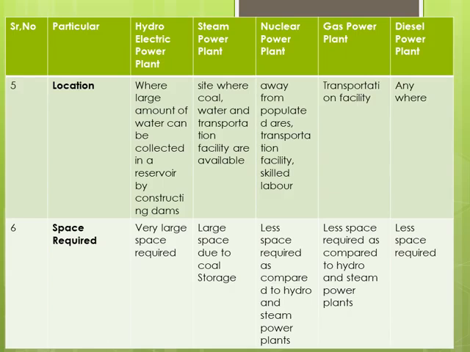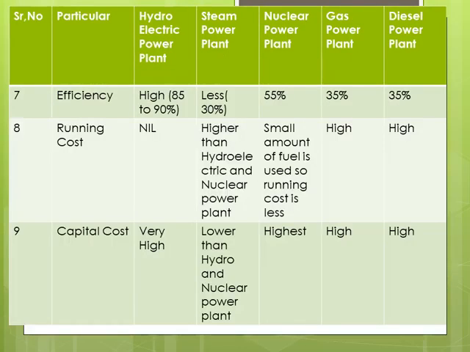For diesel power stations, less space is required. For efficiency, it is highest for hydroelectric power plant. These are approximate values. For hydro, it is 85 to 90%. For steam, it is less, that is 30%. For nuclear, 55%. For gas and diesel, it is 35%.